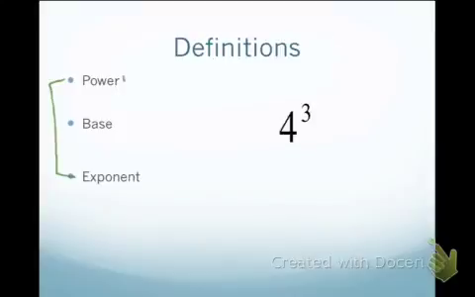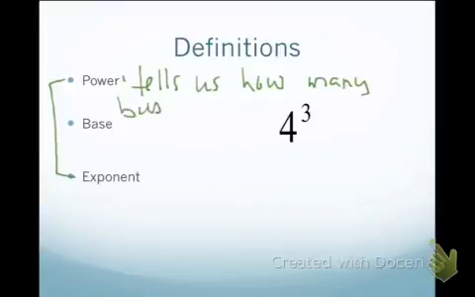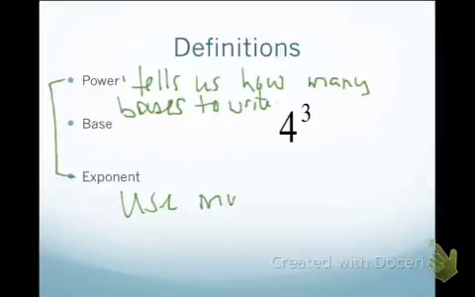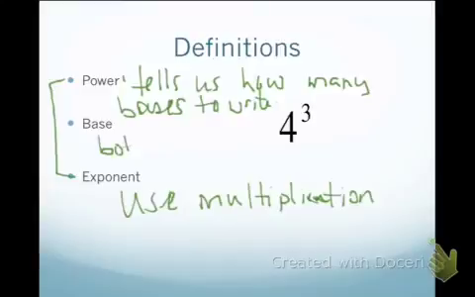Now our power and our exponent tells us how many bases to write. The key word is that you have to use multiplication. The base is the bottom number, and it's what is repeated.